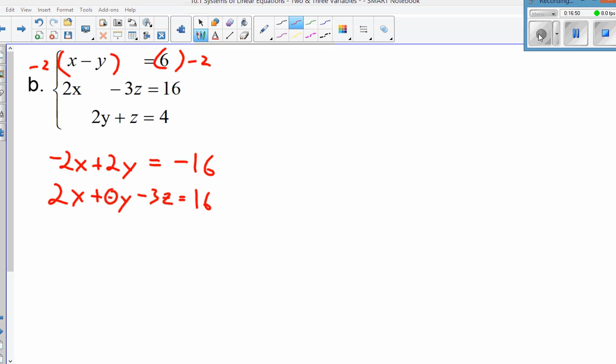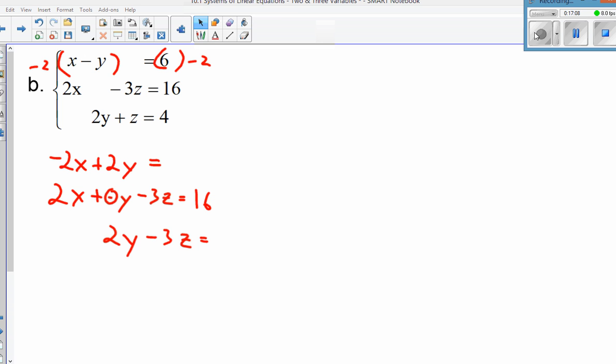So when I add these up, I'm going to get 2y minus 3z equals... it's not 0, sorry. Negative 2 times 6 is negative 12, plus 16, and I get 4. So once I have that equation, I'm going to try and eliminate x from the other equation.